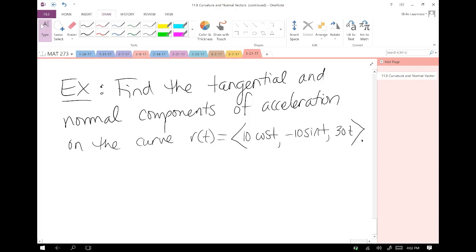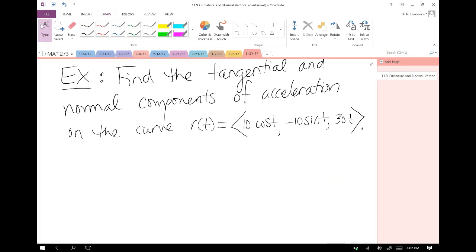So now that you've had a chance to work on this, we'll go over the answer real quick. So for the tangential component, there are some pieces that we need to gather.